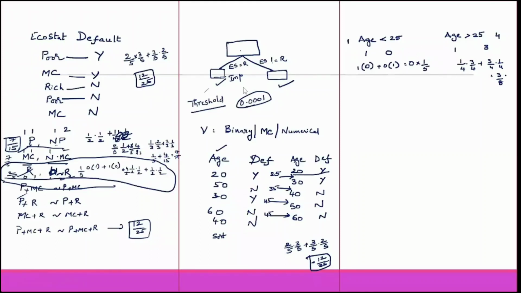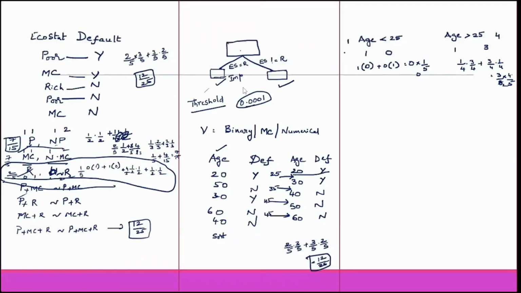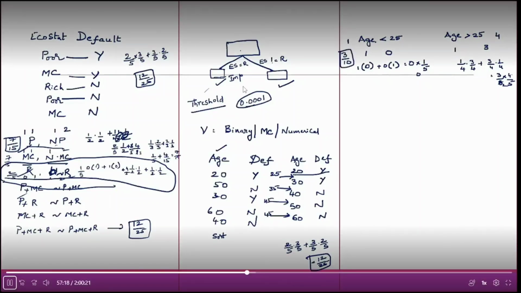Here there are 4 observations, so you will multiply by 4 by 5. So this one is having a 0, whereas this one is having 3 by 10. So overall, your impurity has come down to 3 by 10 if you are doing it based on age less than 25.